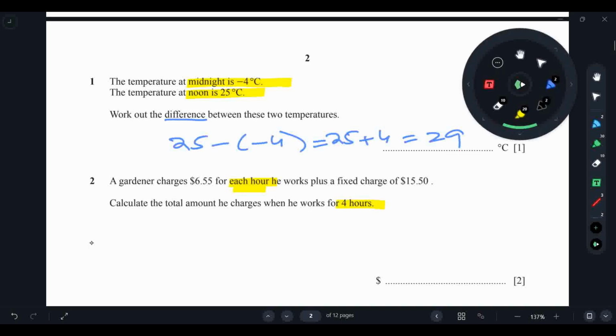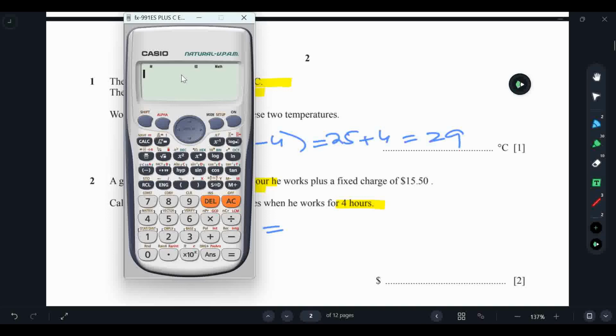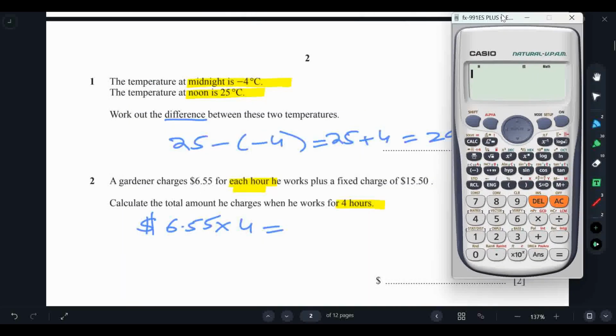This one is quite simple: we simply multiply $6.55 by 4. The answer will be 26.2.